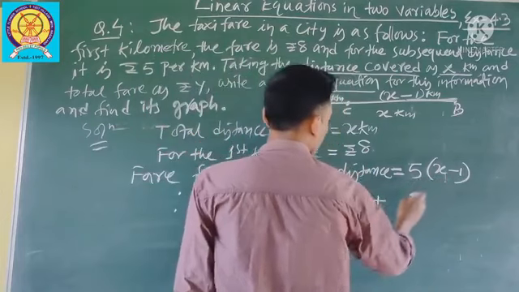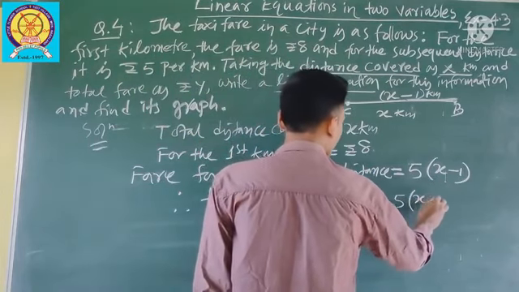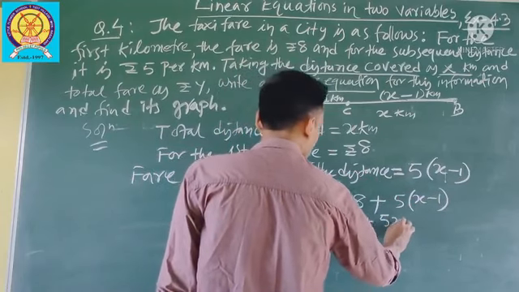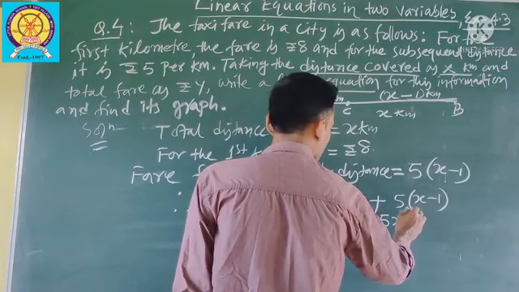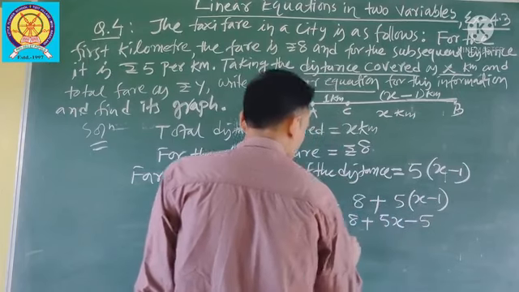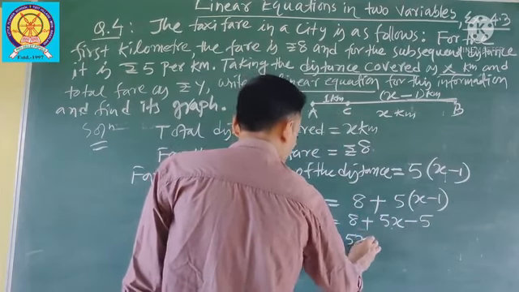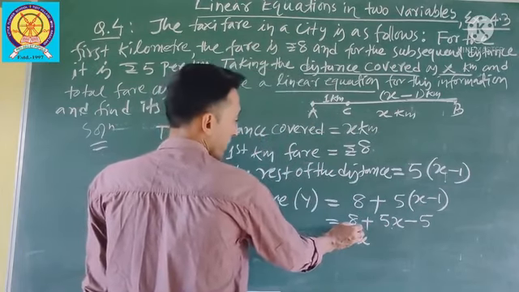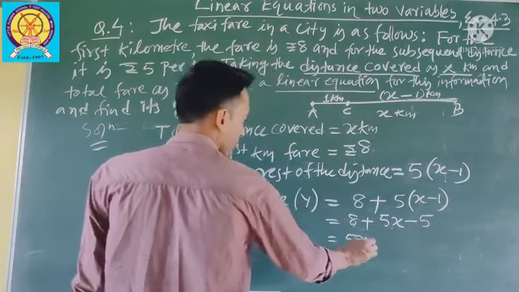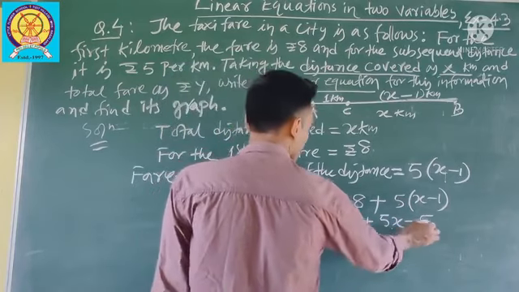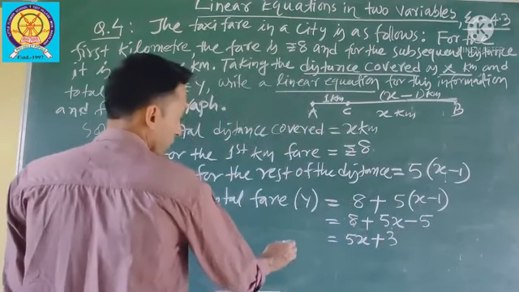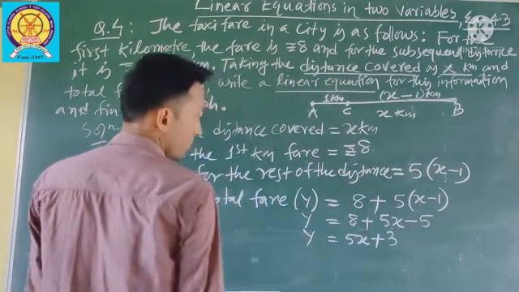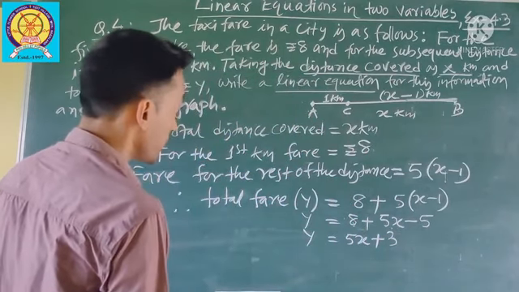For the rest of the distance, the fare is 5 into (x minus 1). 8 plus 5 into x, 5x, plus into minus, minus 5 into 1 is 5. 5x you write first. 8, 5: 8 is greater than 5, so before the greatest term we have plus. So write plus; 8 minus 5 is 3. So this is your linear equation: y equals 5x plus 3.